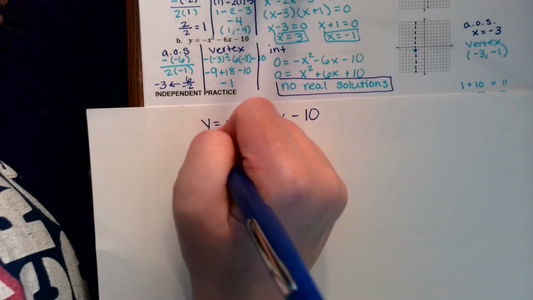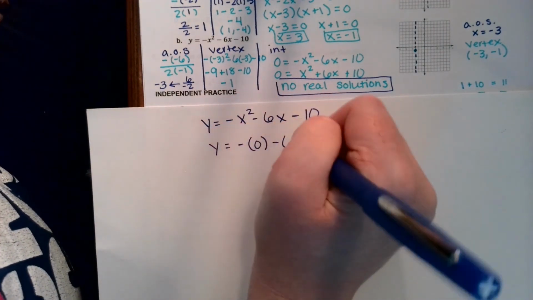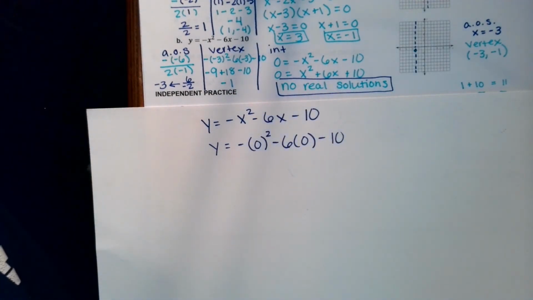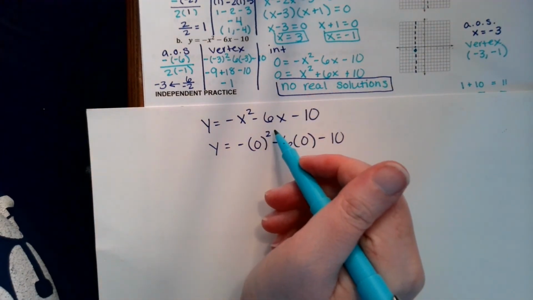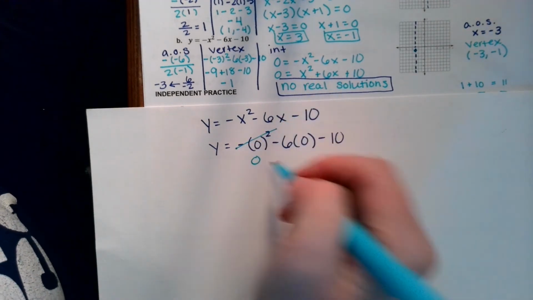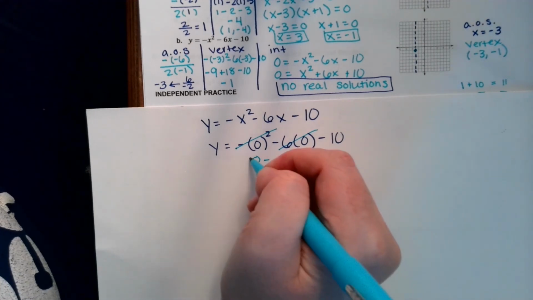I'm going to plug 0 in for x. The reason I'm picking 0 is because it's an easy number to work with. 0 squared is 0. Minus 6 times 0 is 0. 0 minus 0 is 0.